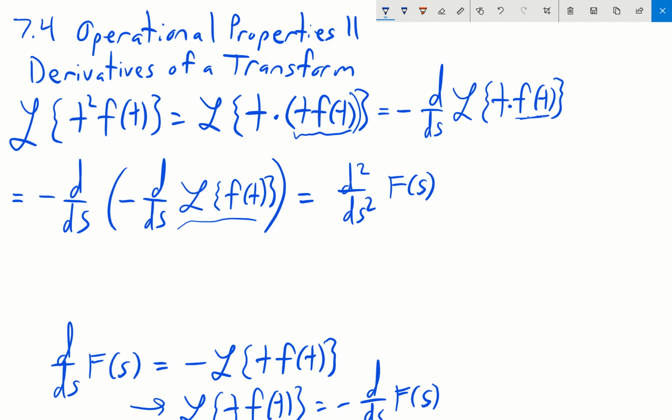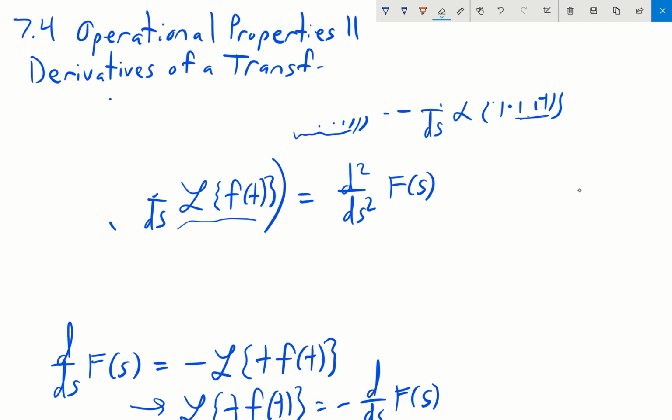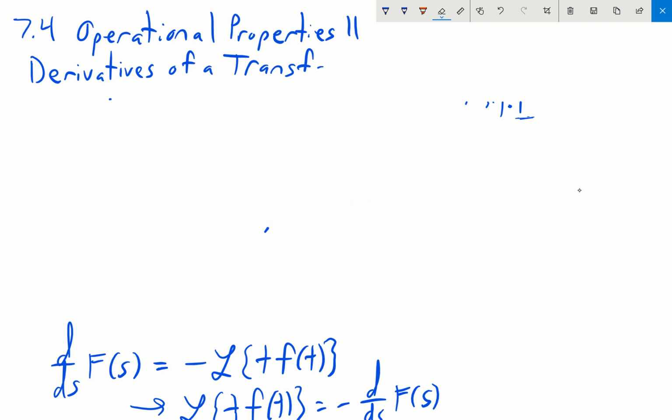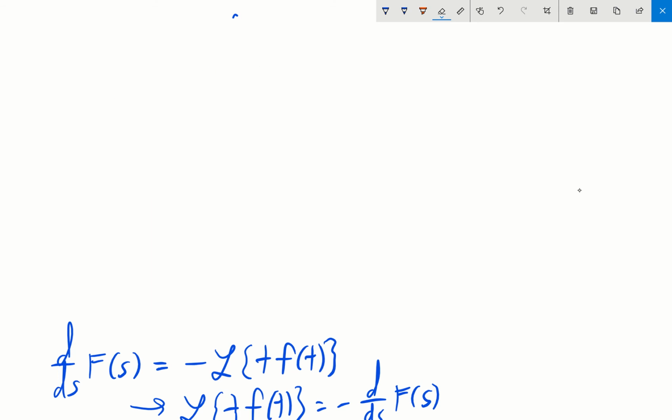And you can continue to use this property repeatedly, and what we get is the following result. So from this, we get what's referred to in the textbook as Theorem 7.41, which is about derivatives of transforms.